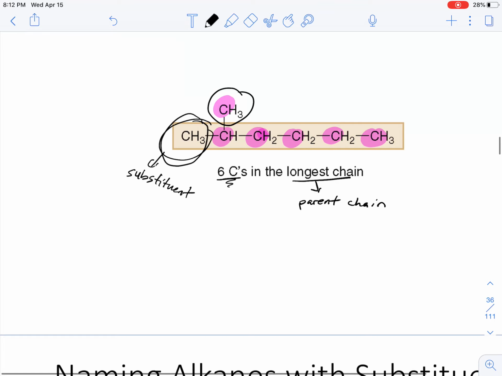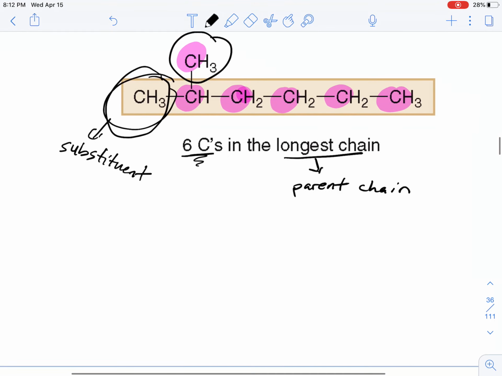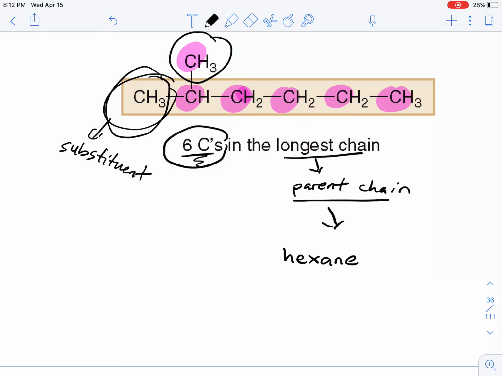Once you have determined your longest chain or your parent chain, you're going to name that parent chain. I'm going to name this parent chain hexane because there are 6 carbons and all of the bonds amongst that chain are single bonds.